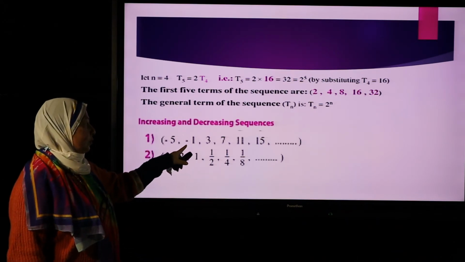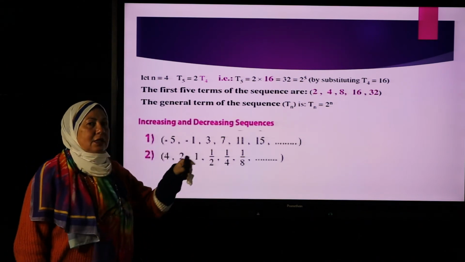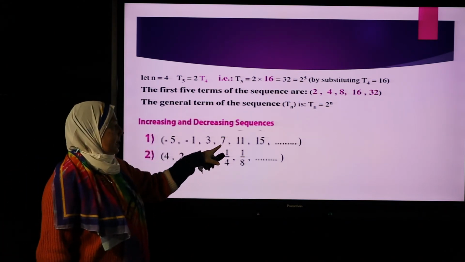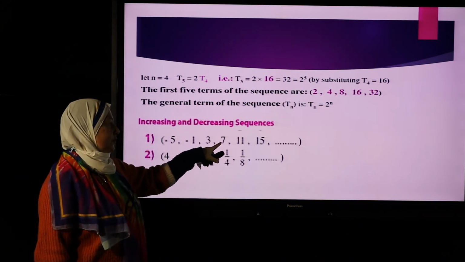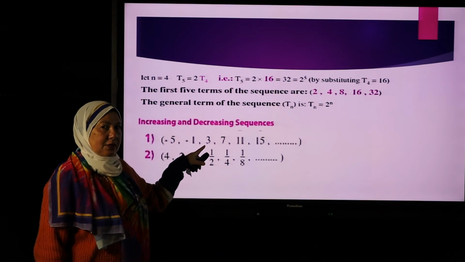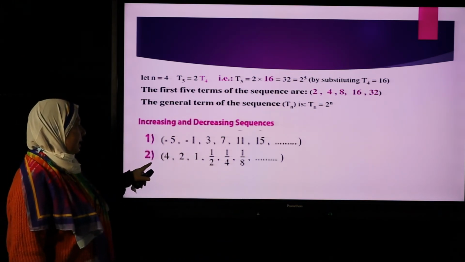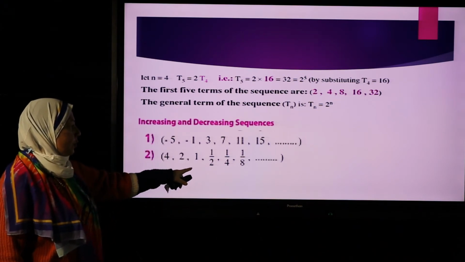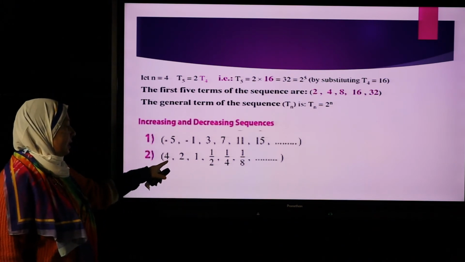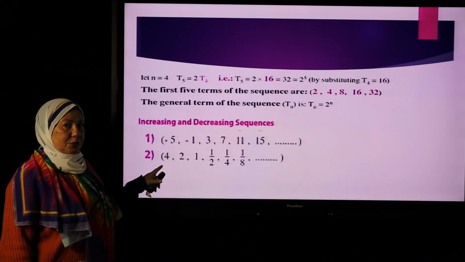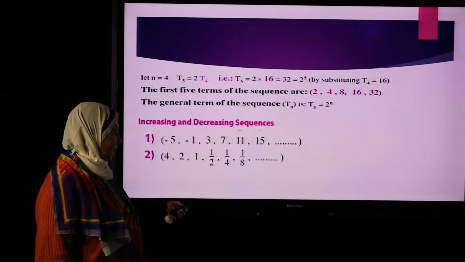When T2 is greater than T1, therefore the sequence is an increasing sequence. 7 is bigger than 3, T4 bigger than T3, therefore the sequence is increasing. The second sequence 4, 2, 1, 1/2, 1/4, 1/8. The second term is smaller than the first term, therefore this sequence is a decreasing sequence. Okay?